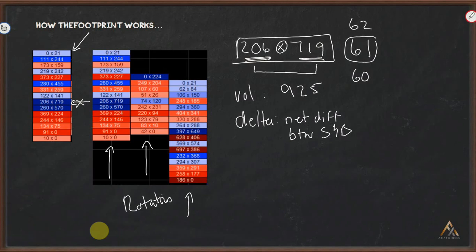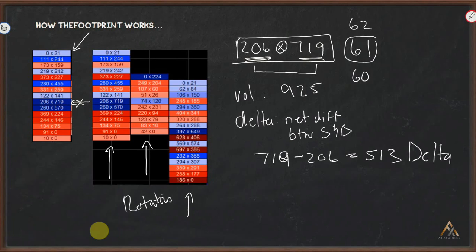So if we simply say 719 minus the 206, that gives us 513. So 513 would be called the delta.